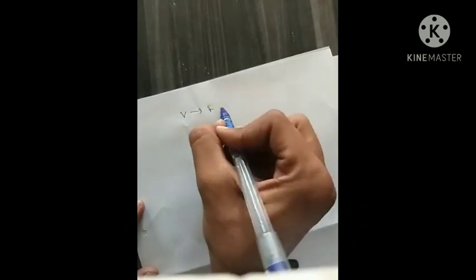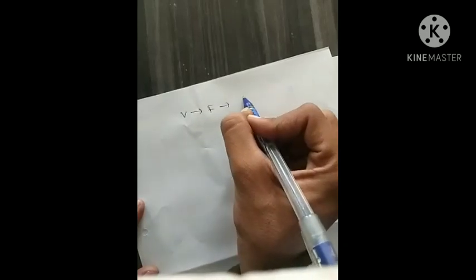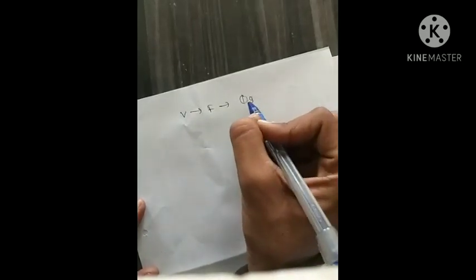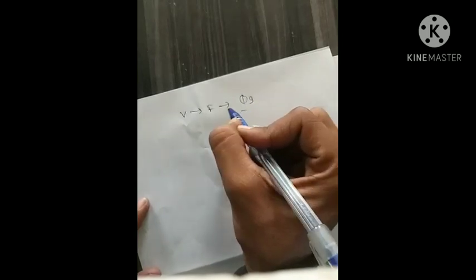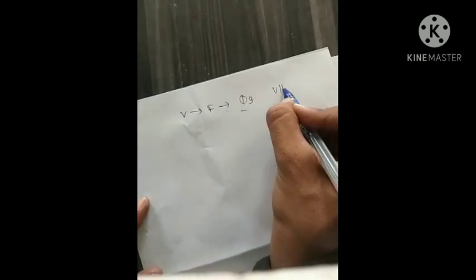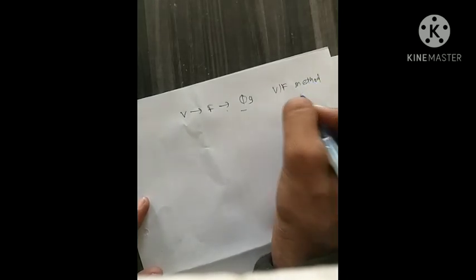But what happens here is that the power factor of the motor is highly affected in this case. So if we change V, the supply voltage, along with F, then phi g is maintained constant. Hence this method is called the V by F method.